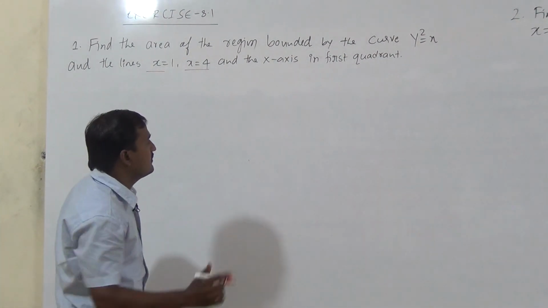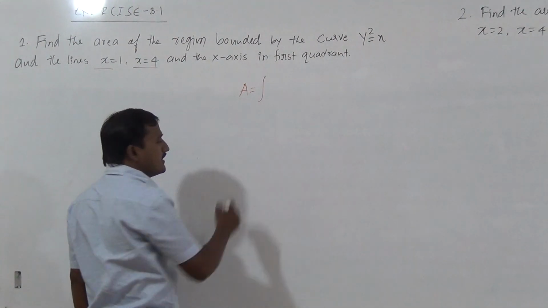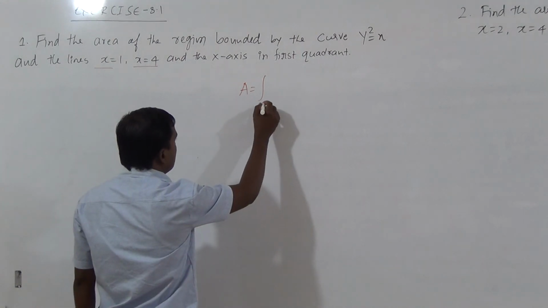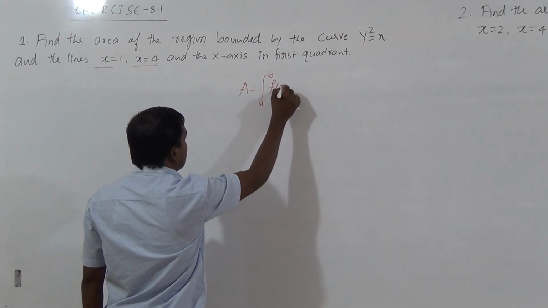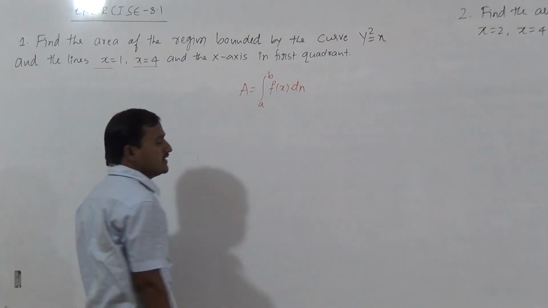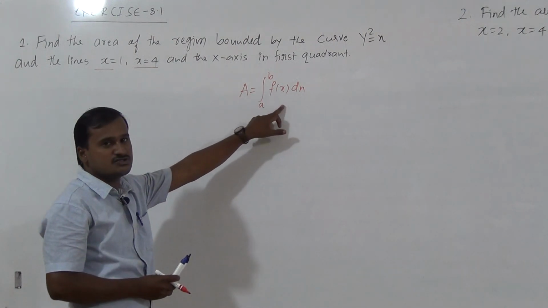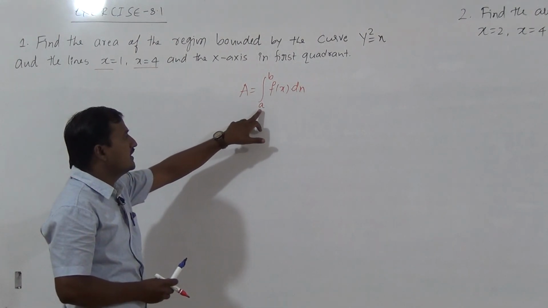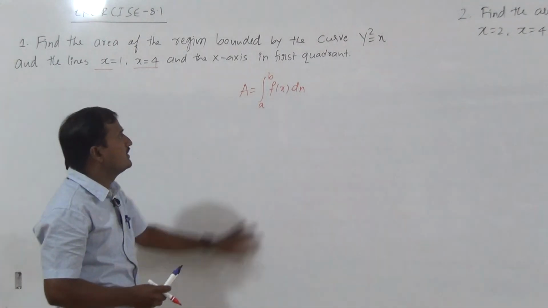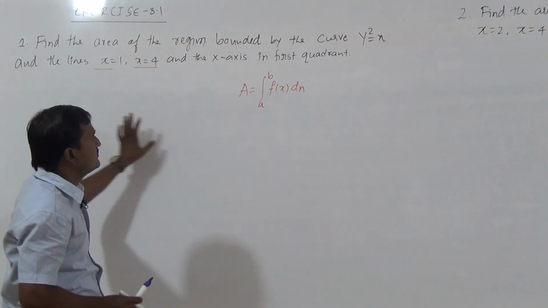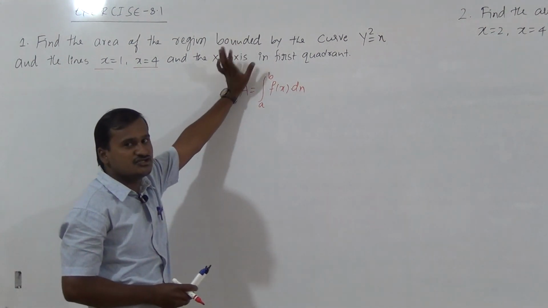You already know that to find the area under the curve we use the formula A is equal to integration of a to b f of x dx. Suppose the area lies on the x axis, then we use this formula. So here also we have to use the same formula to find the area under this curve.